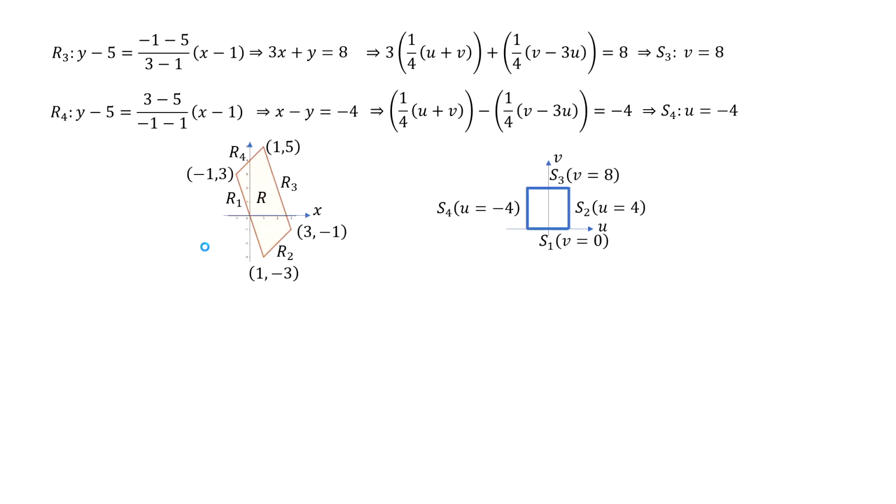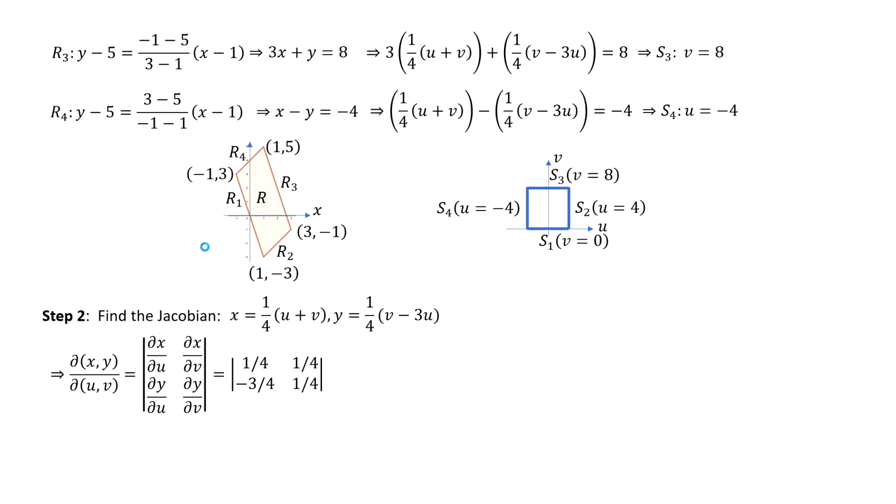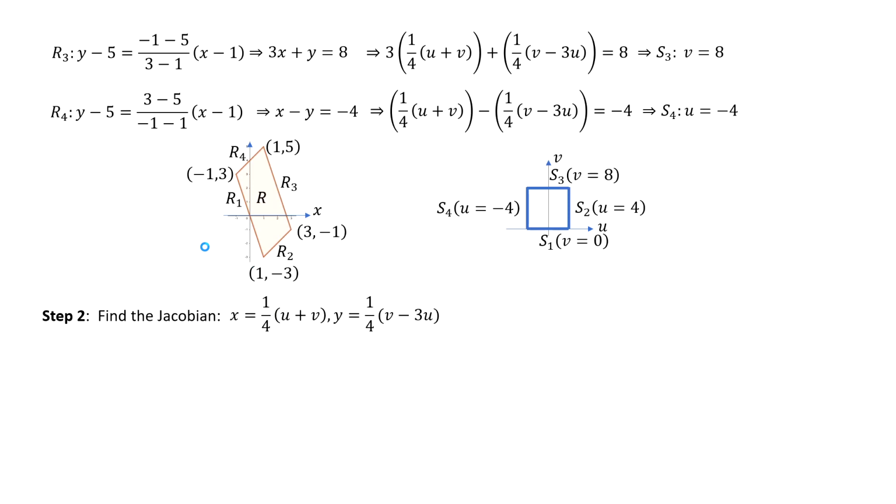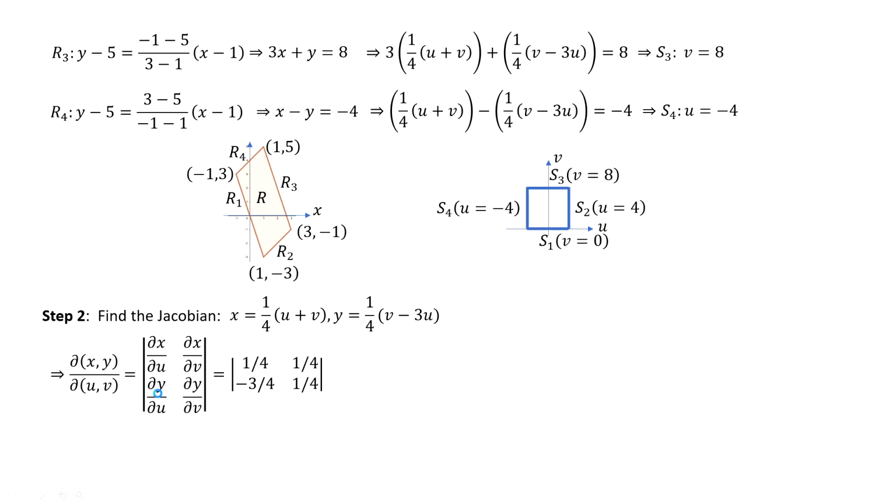Okay. And so Jacobian, remember what was the Jacobian? Partial x with respect to u, partial x with respect to v in the first row, and so on. So that turns out to be this. Determinant, cross multiply, this thing, turns out to be 1/4.